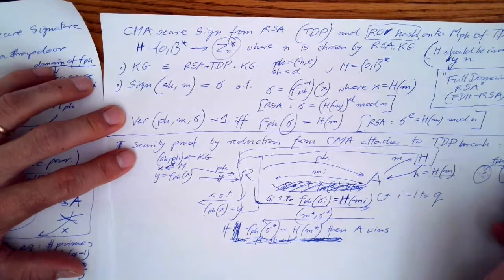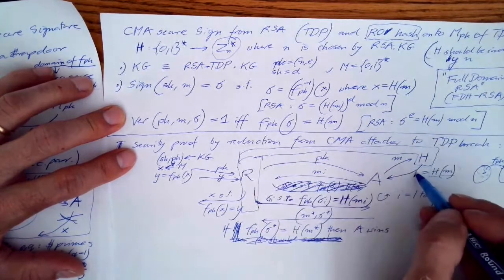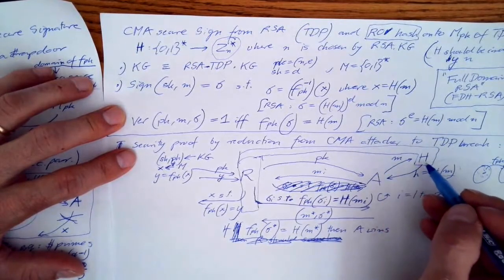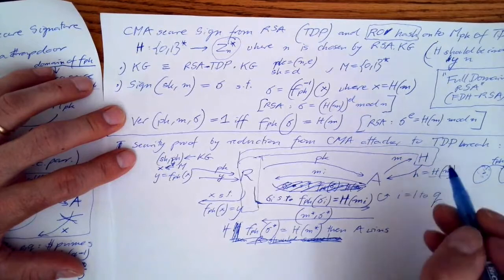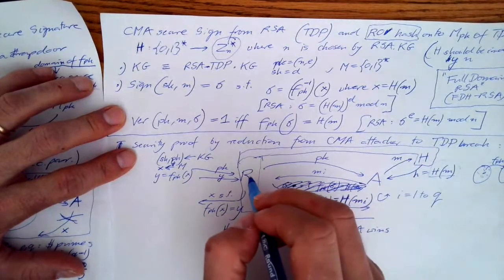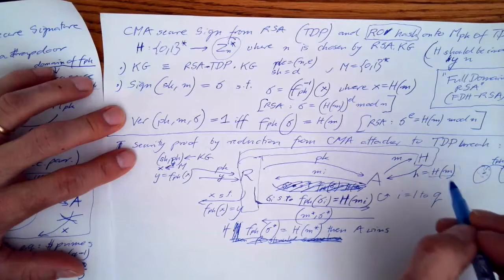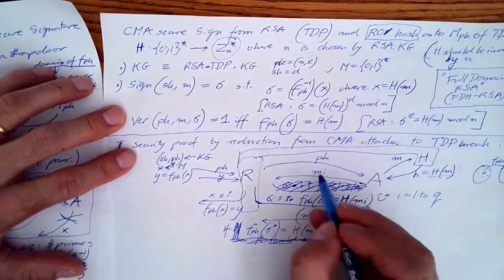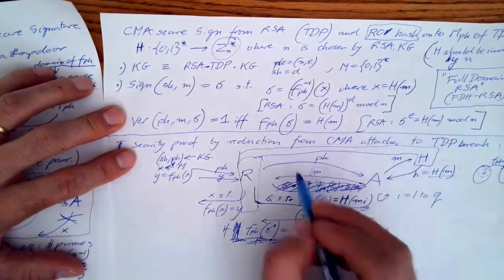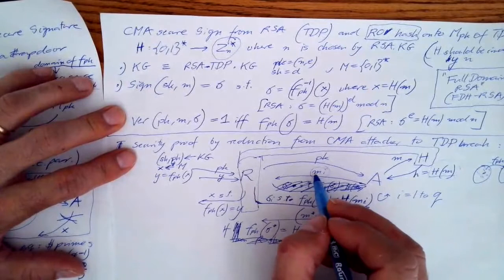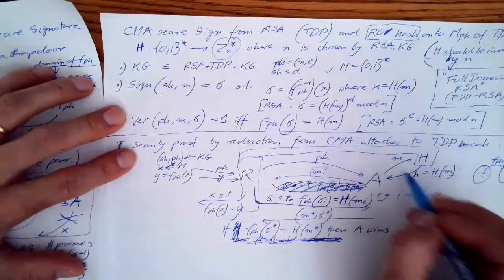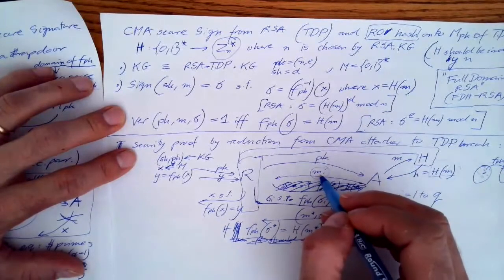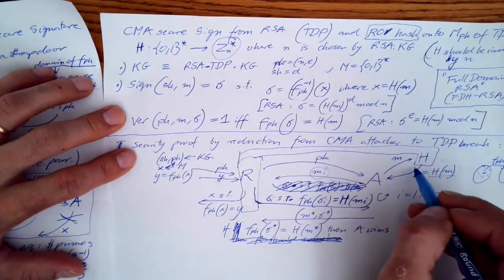So these hashes will look random, the ones that the reduction gives. So an attacker which expects to see a random function will actually see a random function. For any m, the reduction internally will sample x and define hash of m to be F_PK on x. If the reduction does that, then whenever the adversary asks for an m_i, without loss of generality, if this was never hashed by the attacker, then the reduction just hashes it itself. So you're going to assume that any m_i here will be pre-hashed.